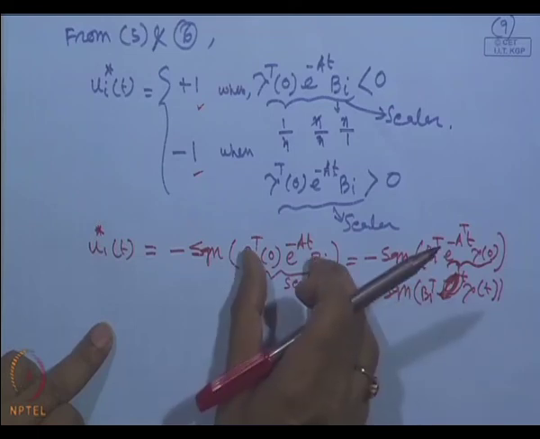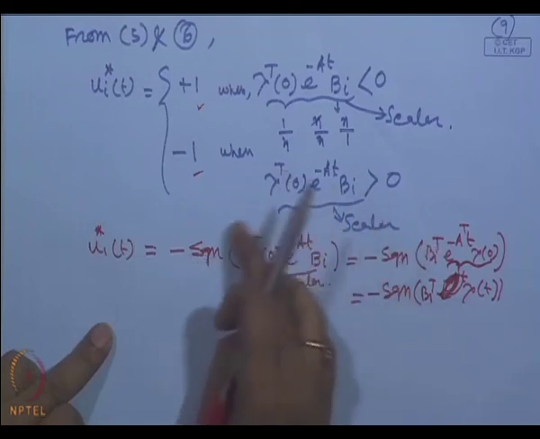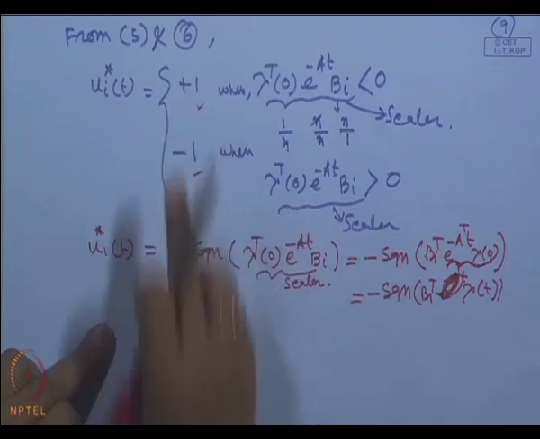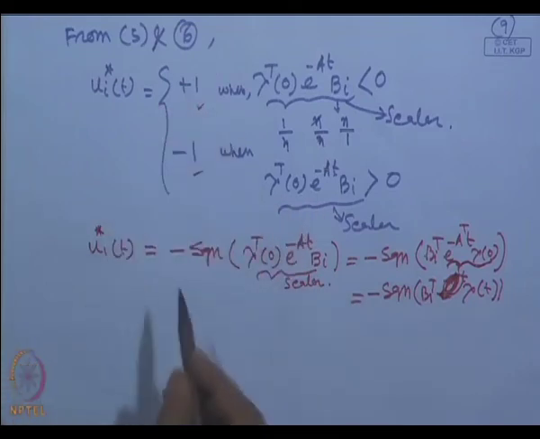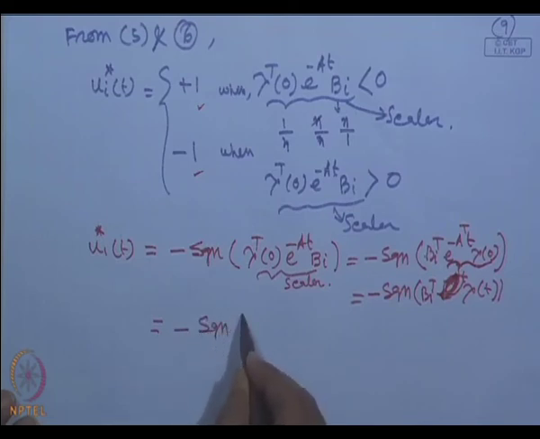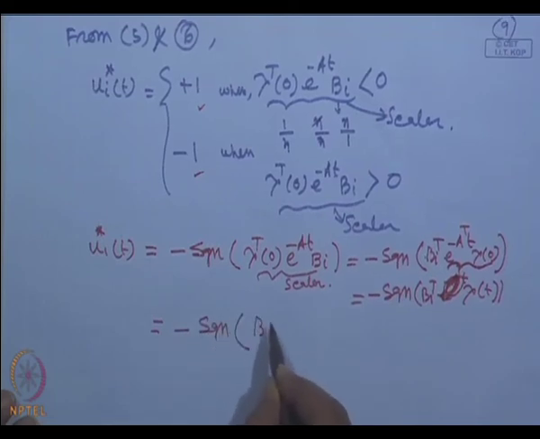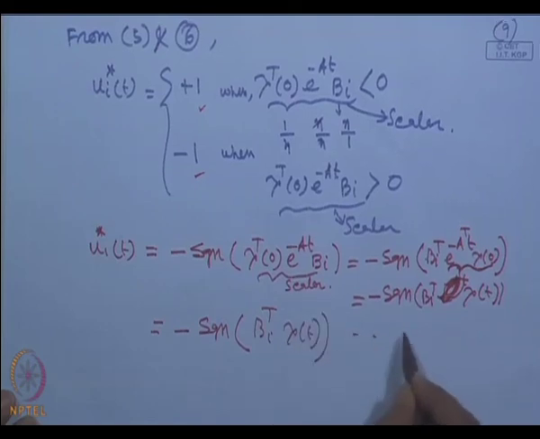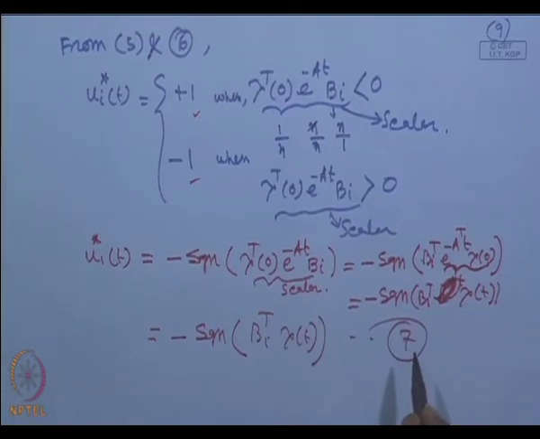If this quantity is negative, then the signum function indicates it is negative, so u is positive. So ultimately we can write minus signum function of b I transpose lambda of t, let us call it equation number 7.